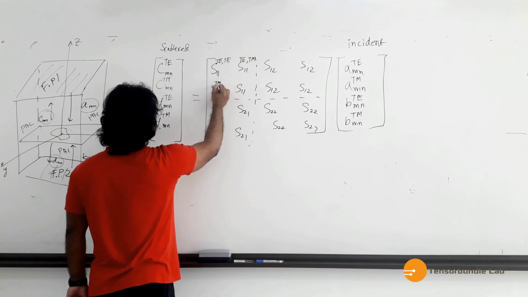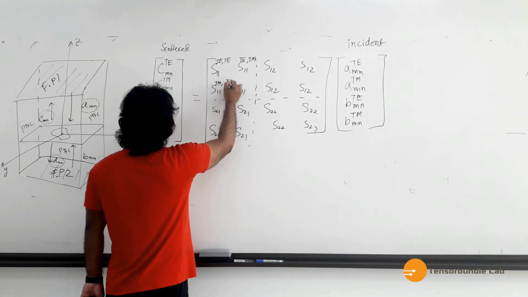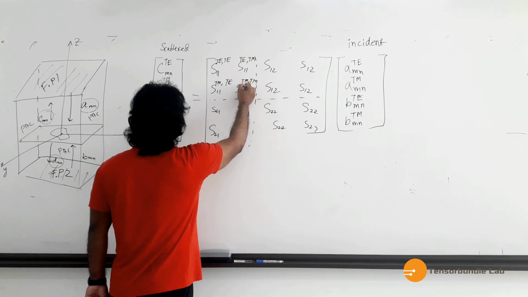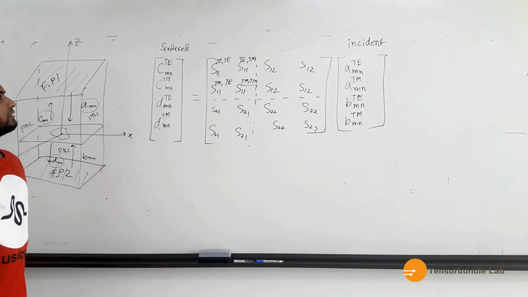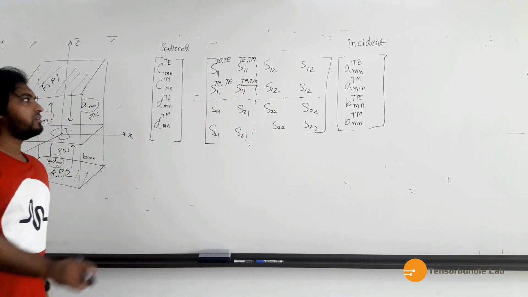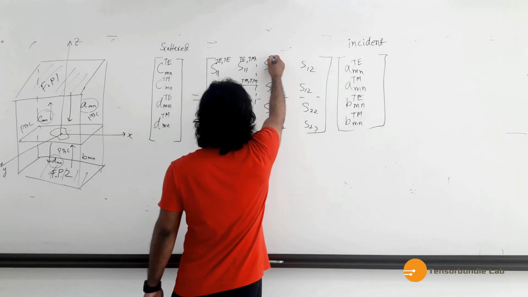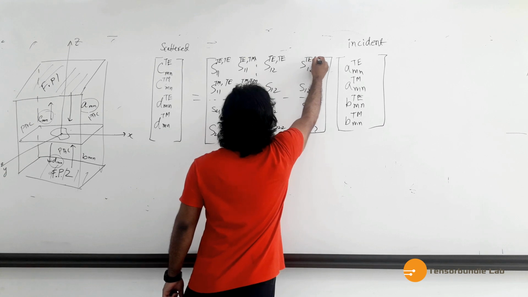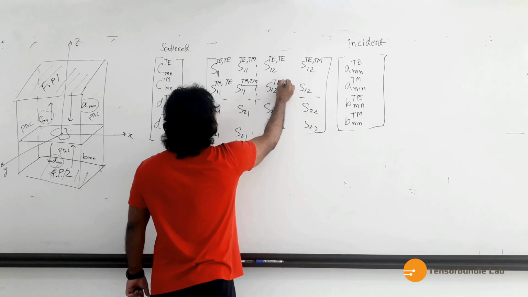So it will come transverse magnetic first, and then transverse electric, and the last one is transverse magnetic for both. So in the same manner, if we fill up the superscripts, we can complete them very easily. It's very easy.